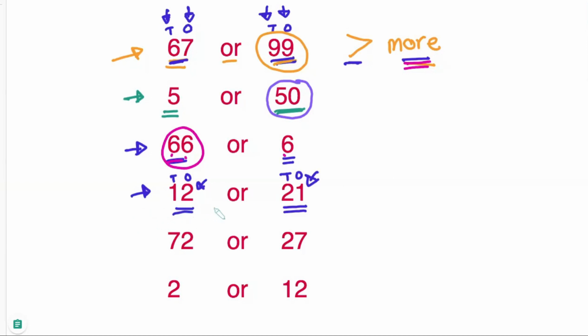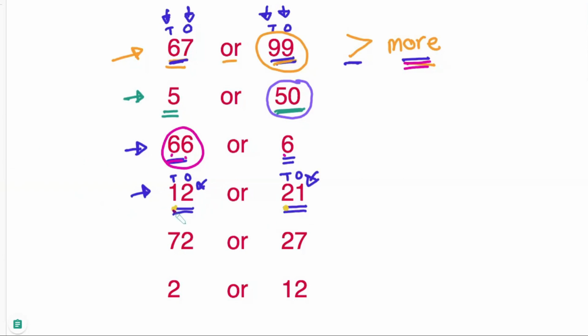Here we go. Let's have a look at our tens first. We can see that for number 12, there is one group of tens. And for number 21, there are how many tens? There are two tens for 21. So which number do you think is larger?